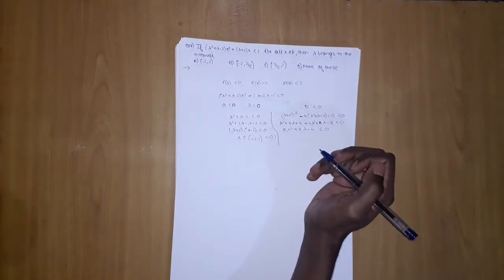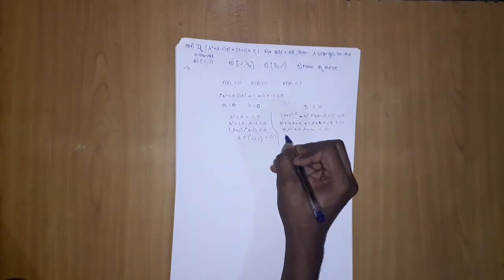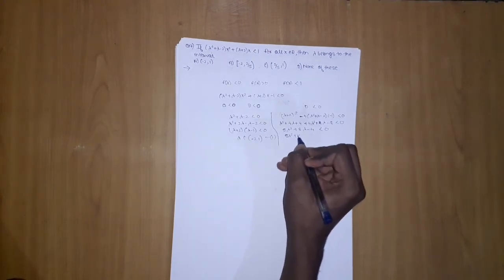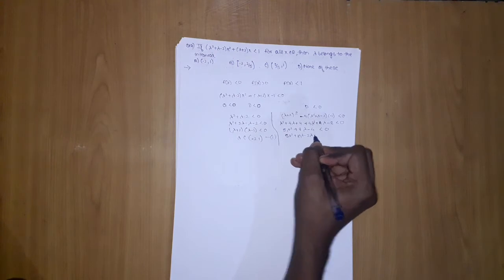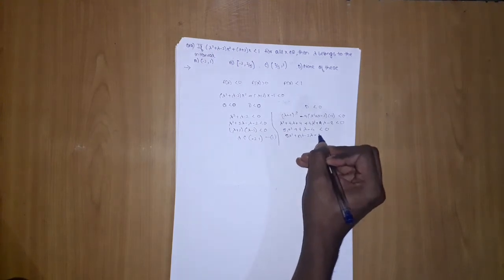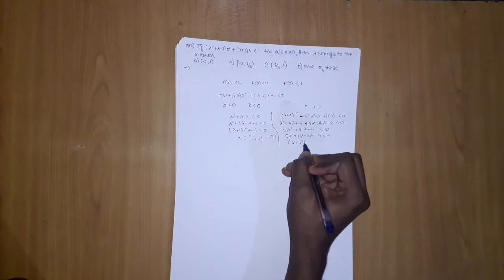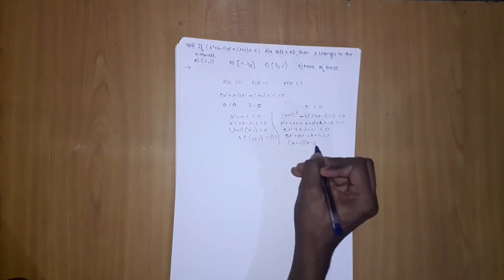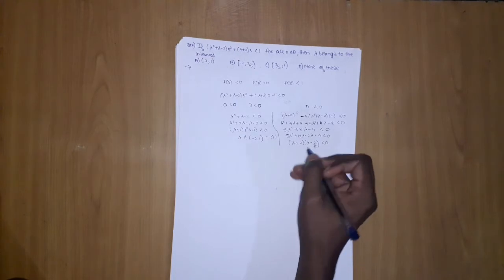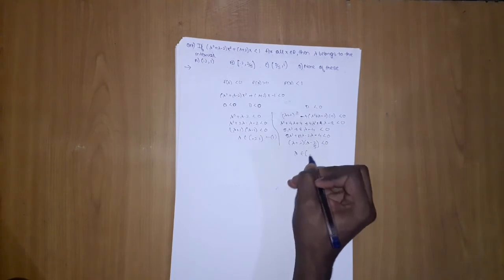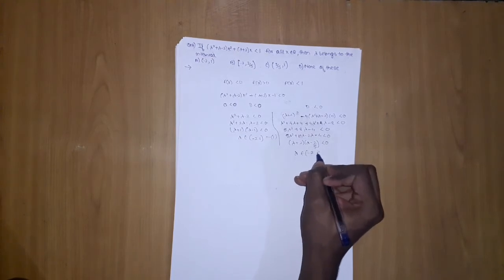Like 5 fours are 20, and it should come 8. So 10 lambda minus 2 lambda, minus 4 should be less than 0. So we get lambda plus 2 or lambda minus 2 by 5 should be less than 0. So lambda belongs to minus 2 to 2 by 5.